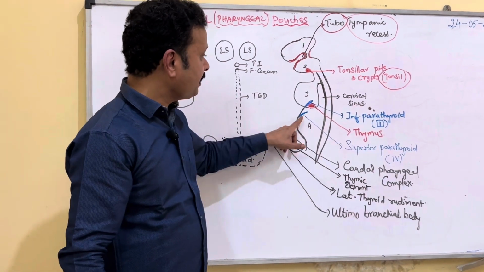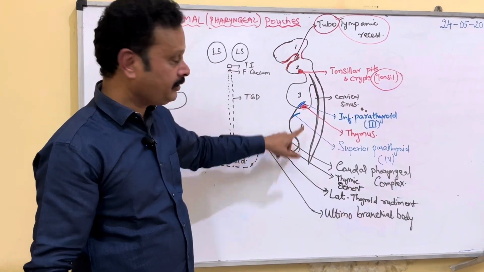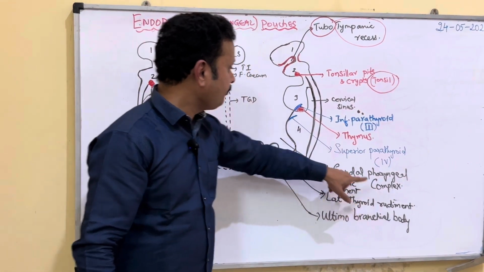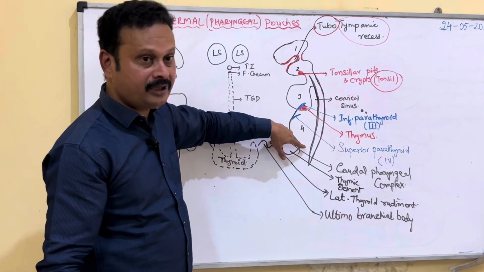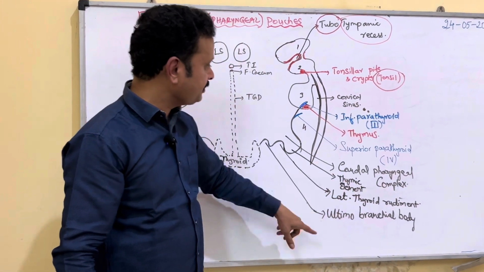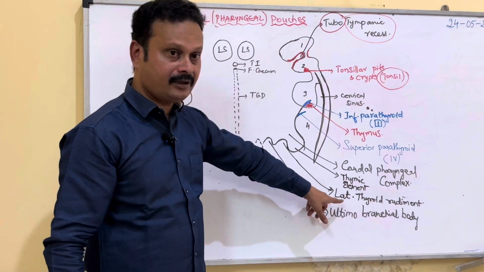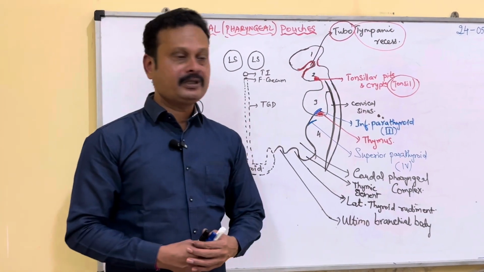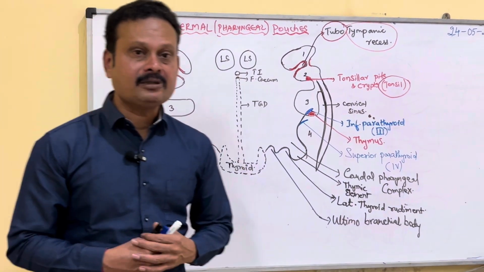Fourth pouch, dorsal aspect gives rise to superior parathyroid, ventral aspect gives rise to the caudal pharyngeal complex. This fourth pouch together with the rudimentary fifth pouch gives rise to this caudal pharyngeal complex, which consists of the thymic element, thyroid element and ultimobranchial body. So this is all about the endodermal or pharyngeal pouches. Thank you.